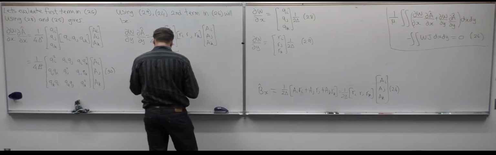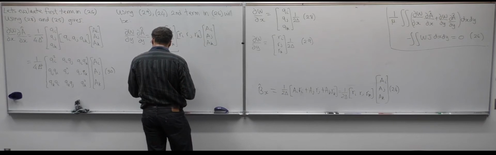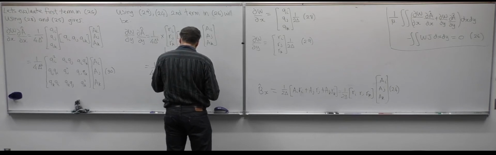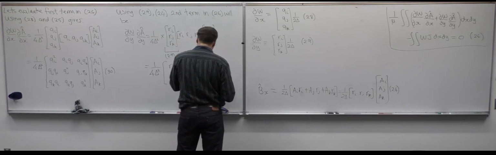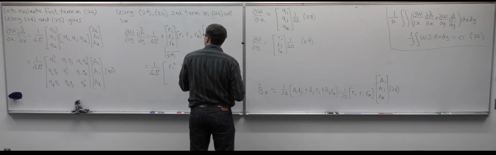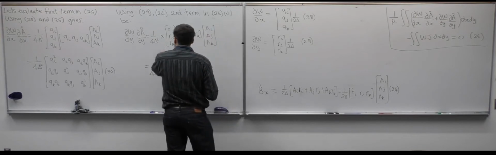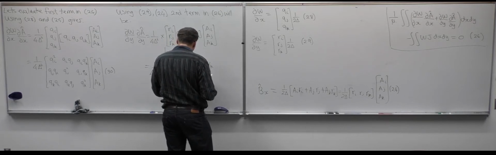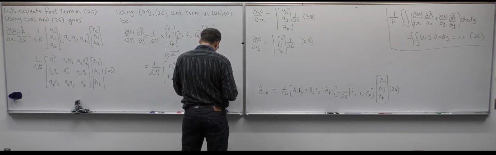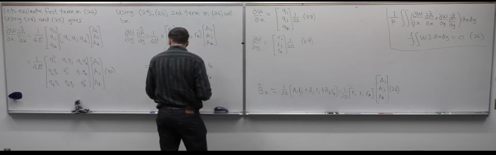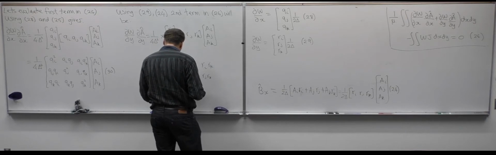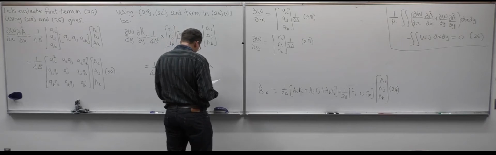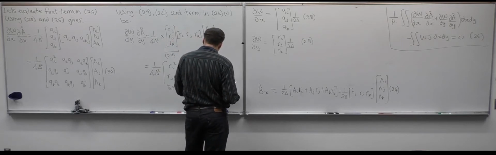So we get 1/4 delta squared times Ri squared, Ri Rj, Ri Rk, and then the second row is Rj Ri, Rj squared, Rj Rk, and then the third row is Rk Ri, Rk Rj, and Rk squared.